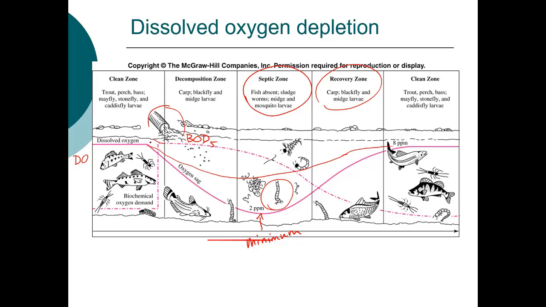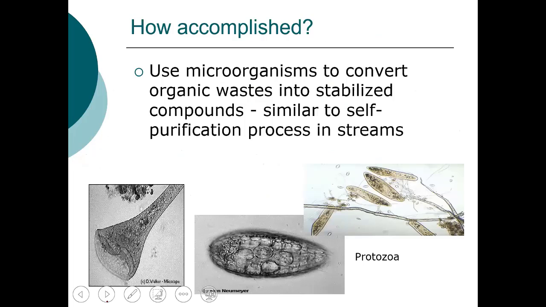What we have is something much more like this, in the environment where we're not depleting oxygen. So we're going to use a suite of microorganisms to convert that organic waste into stabilized compounds.